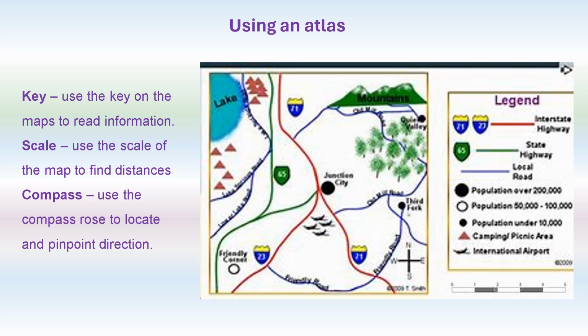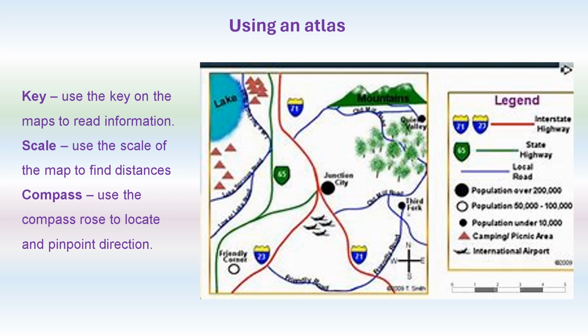Now, you look at the compass and you say from Junction City, the triangles on the left is in a northeasterly direction. Sorry, no, northwesterly direction. But if you look at the key, you're going to say, no, those triangles are basically a camping site or a picnic area. So don't forget to look at all three, the key, the scale, and the compass.